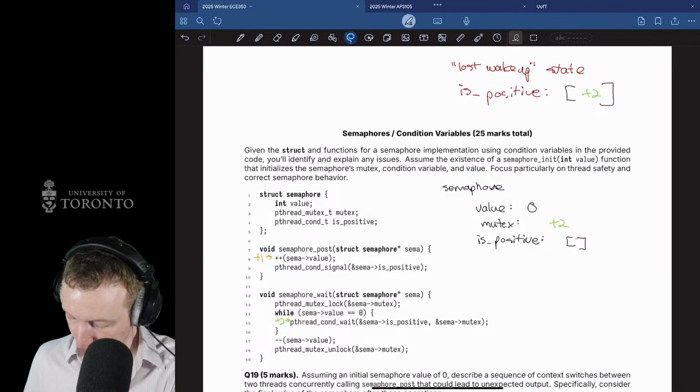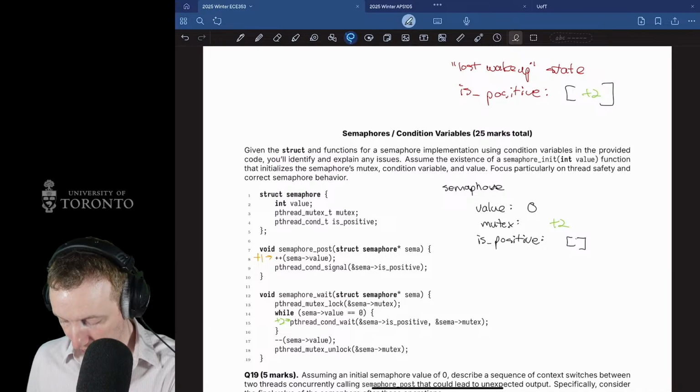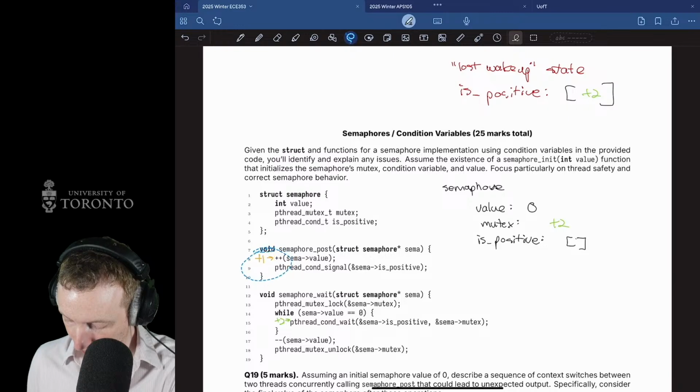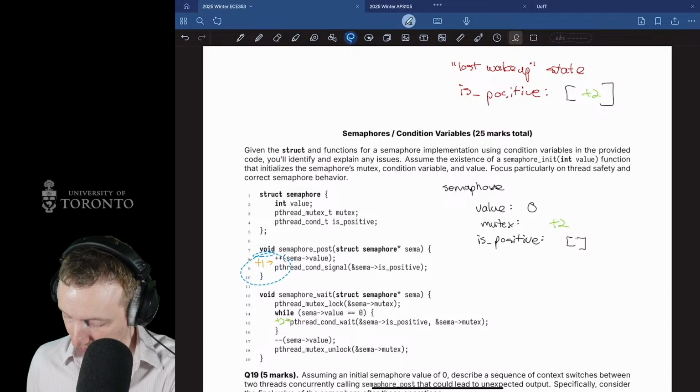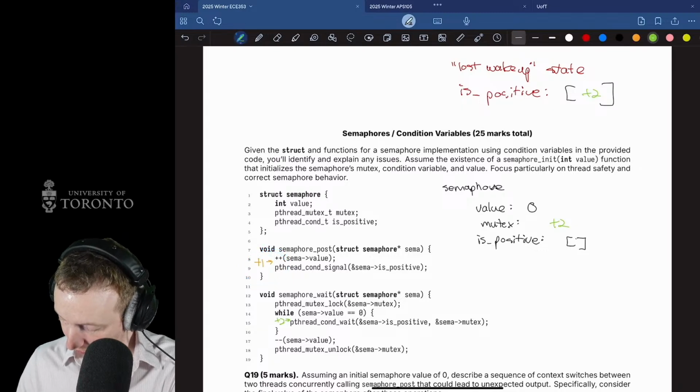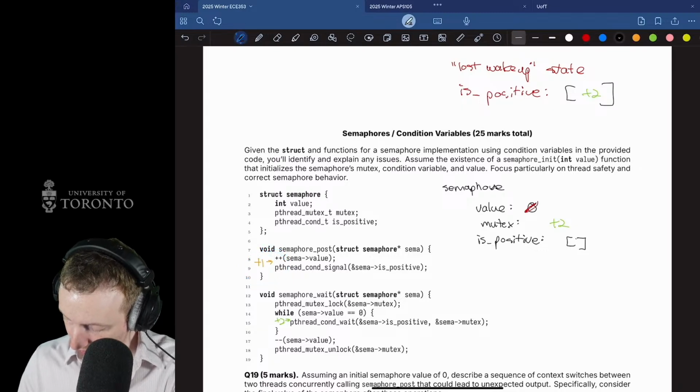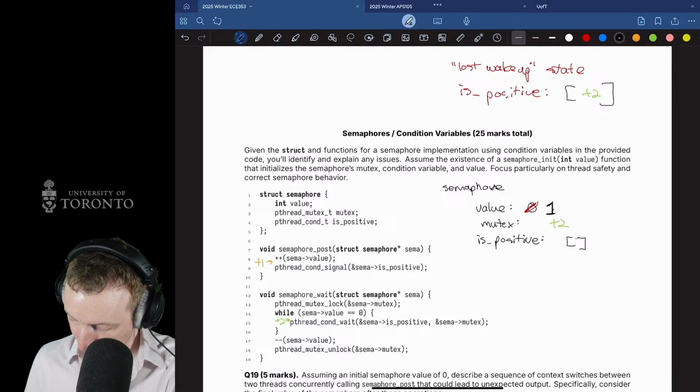So context switch to thread 1 right now, before thread 2 actually waits, and we can make progress on thread 1. Let's just assume, to make it easy, this all happens atomically. It will load that value, increment it, so the value now changes from a 0 to a 1.